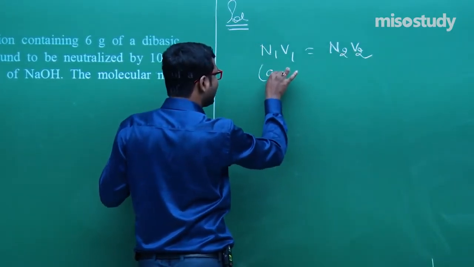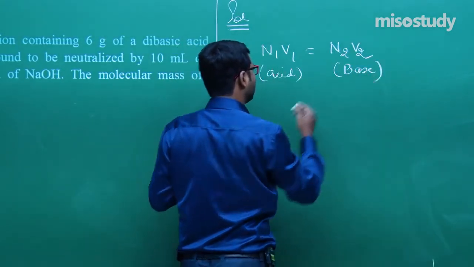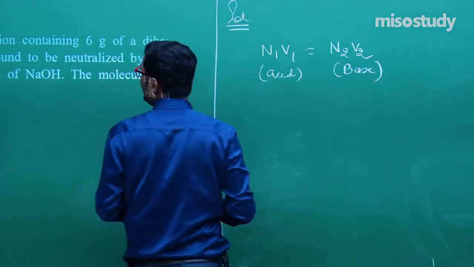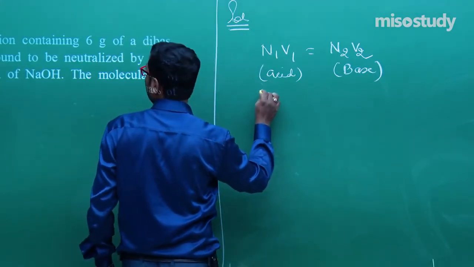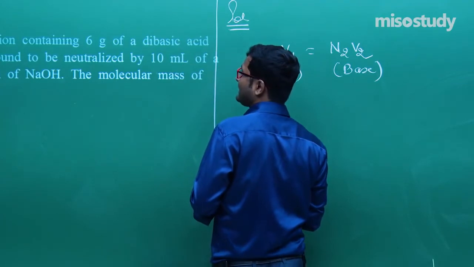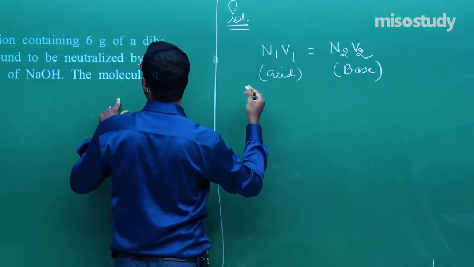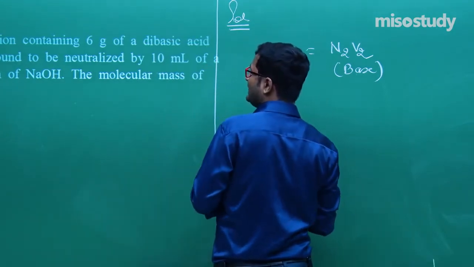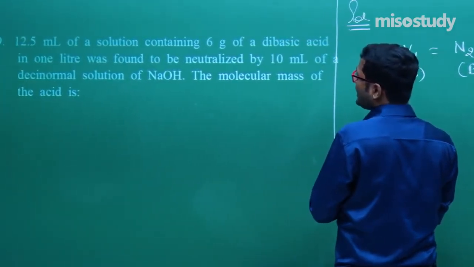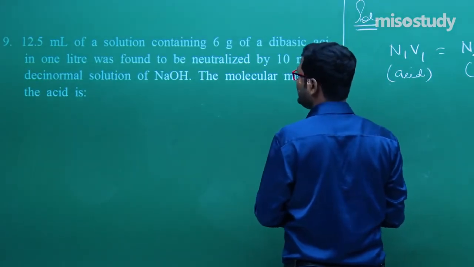This is for acid and this is for base. Now put the value, 12.5 ml of 6 gram of dibasic acid in 1 liter.